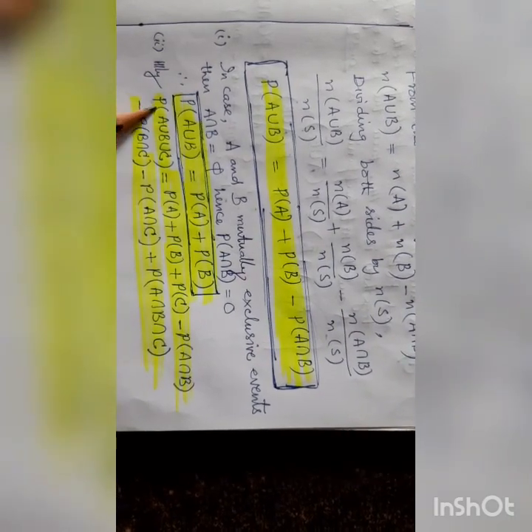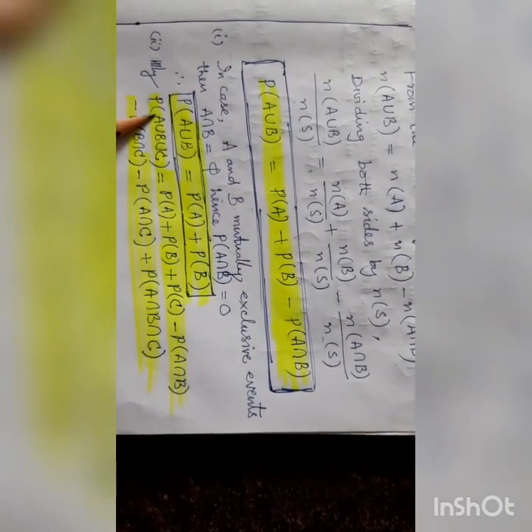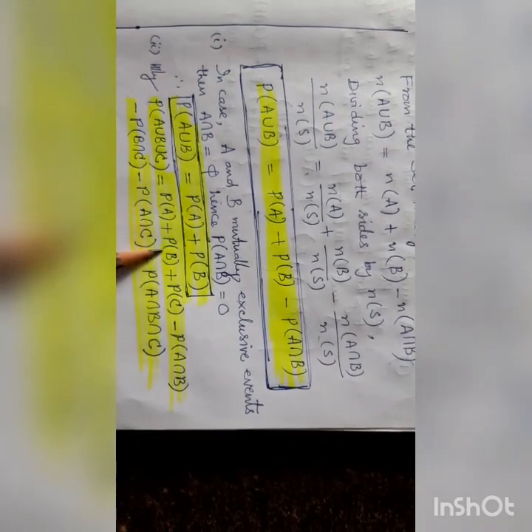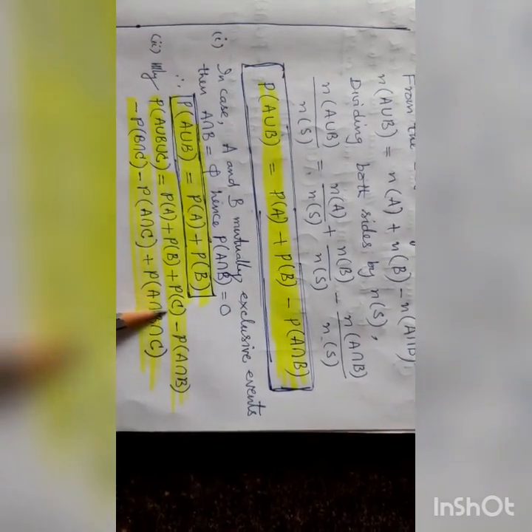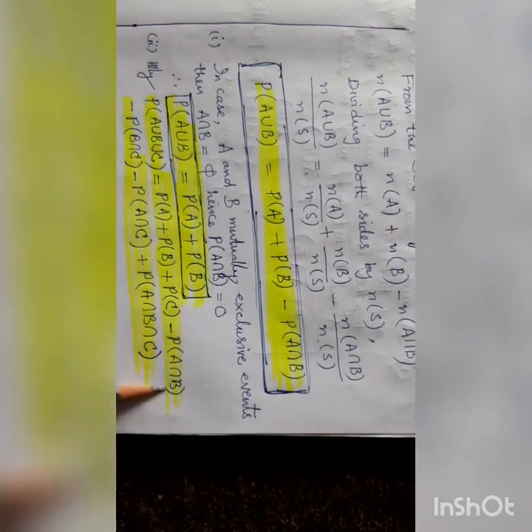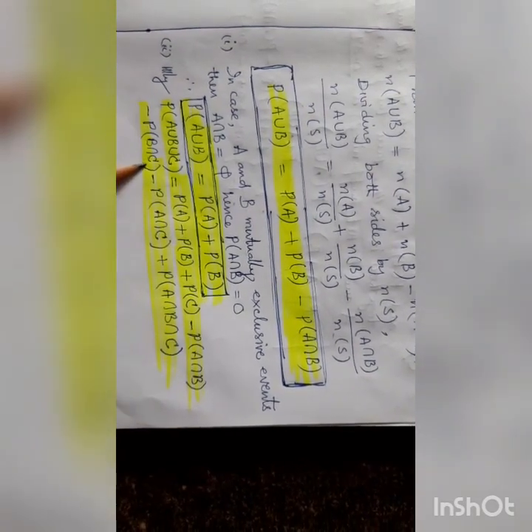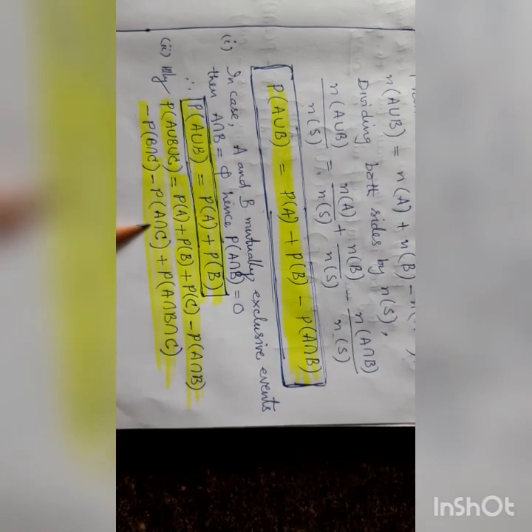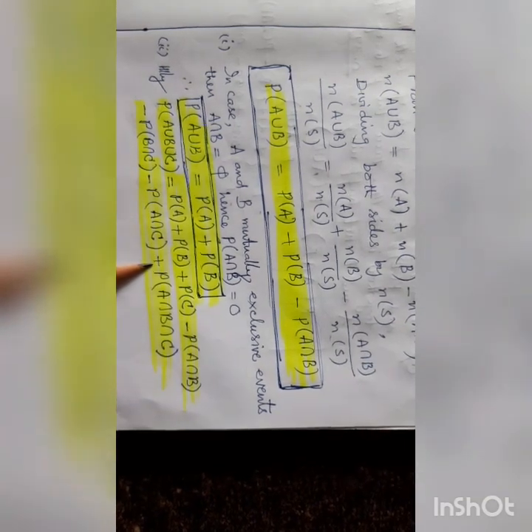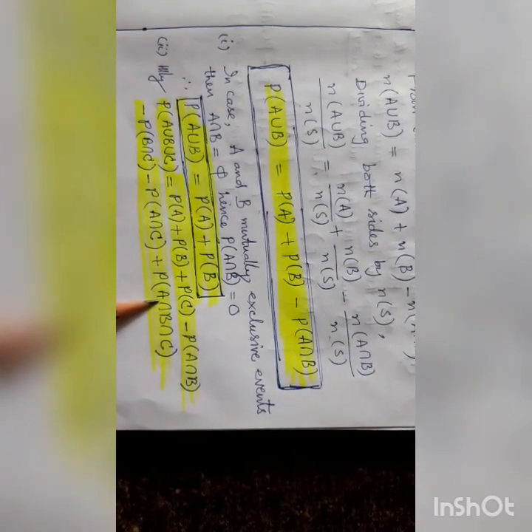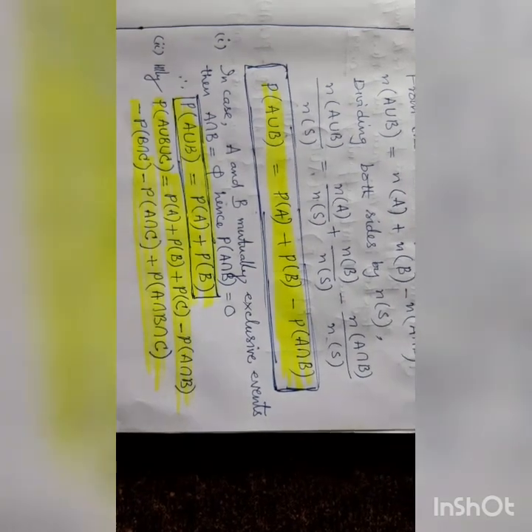Similarly, for three events, P(A ∪ B ∪ C) = P(A) + P(B) + P(C) − P(A ∩ B) − P(B ∩ C) − P(A ∩ C) + P(A ∩ B ∩ C). Please see this once.